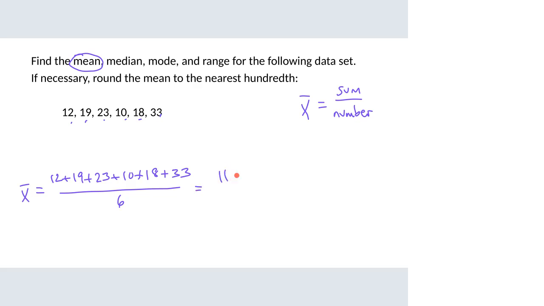That's 115 over 6, and that's 19.16666666666. I was told to round the mean to the nearest hundredth. So we'll find the hundredths place, 2 past the decimal. Look 1 space to the right, that's 5 or larger. So we'll round this up to 19.17. And that's the mean of this data set.